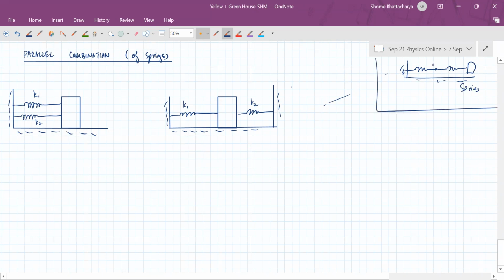Series should not be confused with this. Okay. So in either case here, if you displace the block by x, both the springs get extended by x. So they apply a net force.